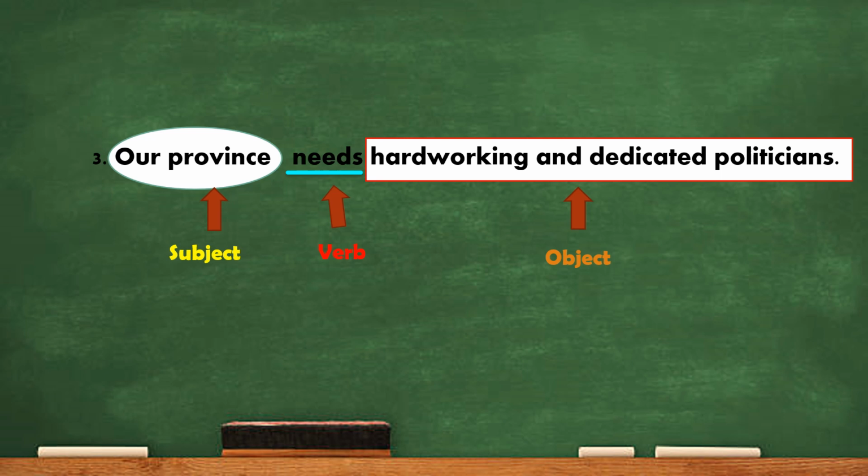So you have noticed in the 3 examples that I have presented that the subject or the doer of the action is at the start of the sentence, followed by the verb and then the object. I hope you got it clear about the active voice.